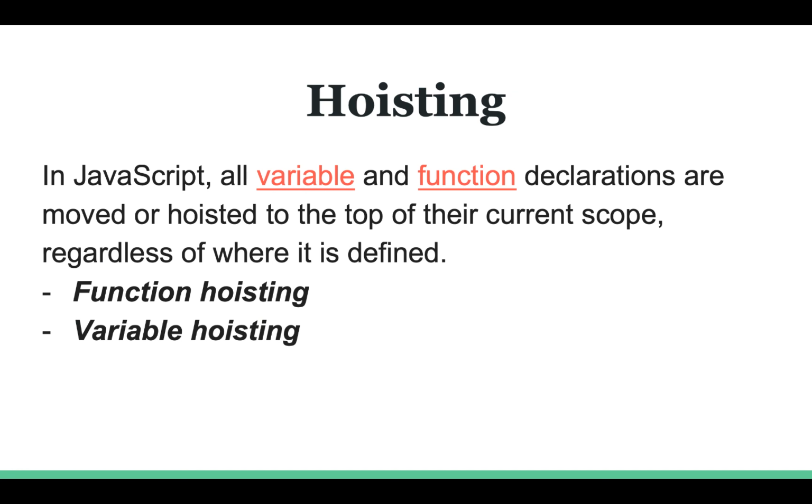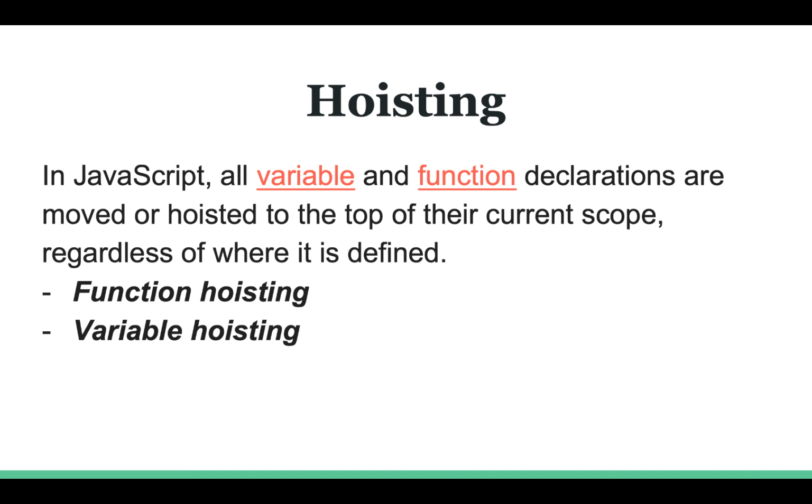In JS, all variables and function declarations are moved or hoisted to the top of their current scope, regardless of where they are defined. There are two types of hoisting: function hoisting and variable hoisting.